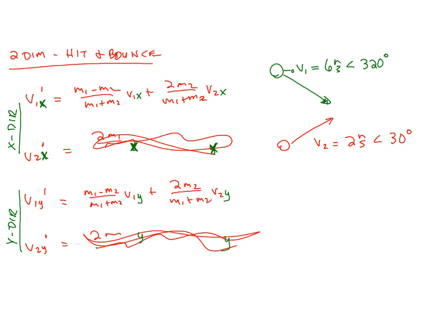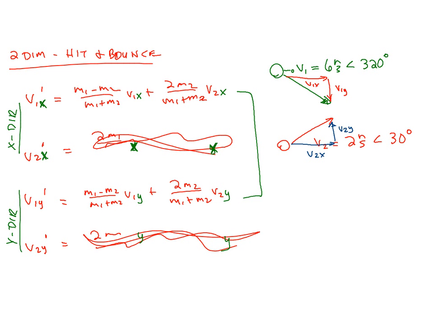And then what I'll have to do is take this piece and put those together, right? What we'll find is how fast this ball is moving to the right and how fast it's moving down, like that. And I'll have to combine those. And then I'd also have to find out how fast this ball is moving to the right and how fast it's moving up. And I'd have to put those together.